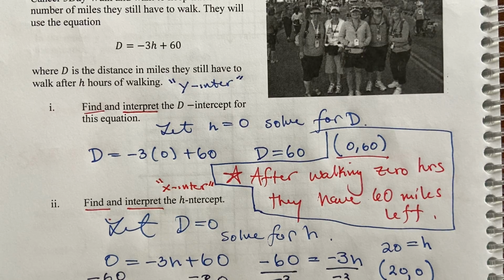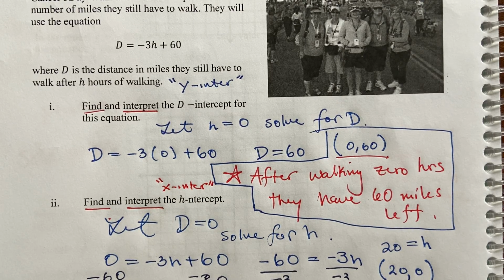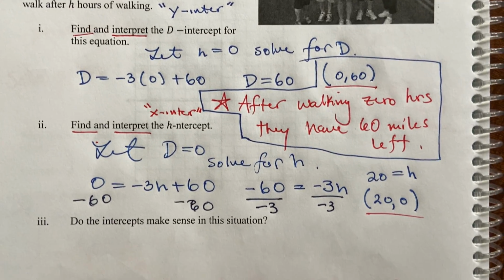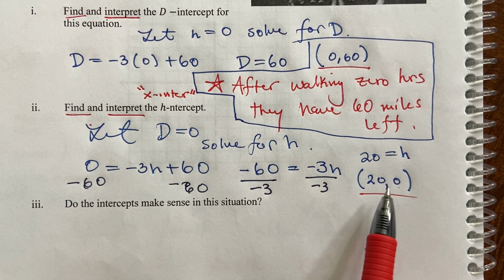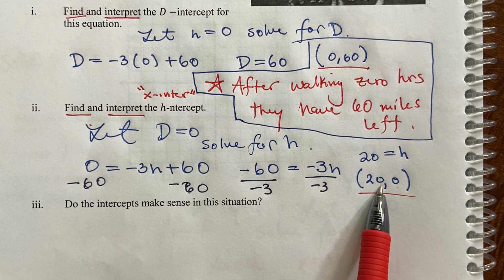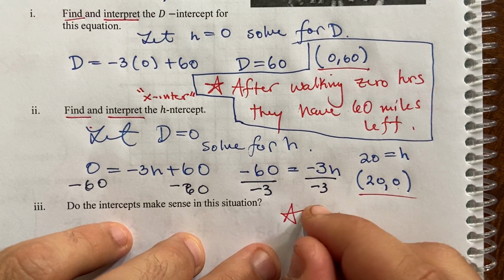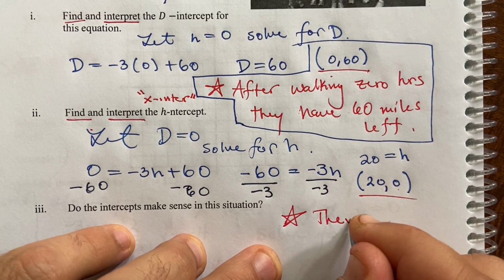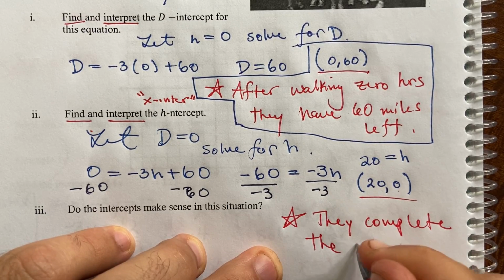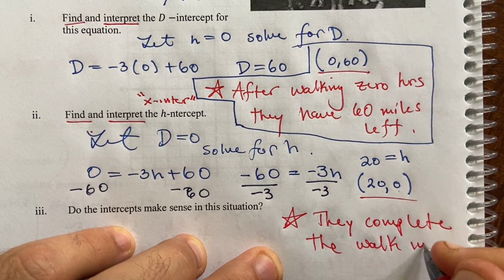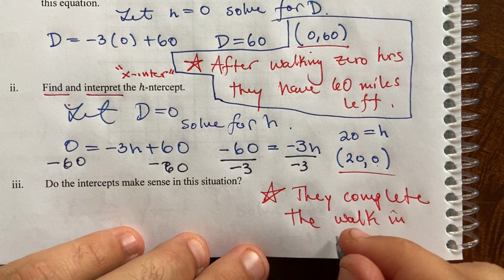Since d is how far they have yet to walk, they still have 0 miles to walk, so they're done with the race after 20 hours, in other words. So I'll just put it that way: they complete the walk in 20 hours.